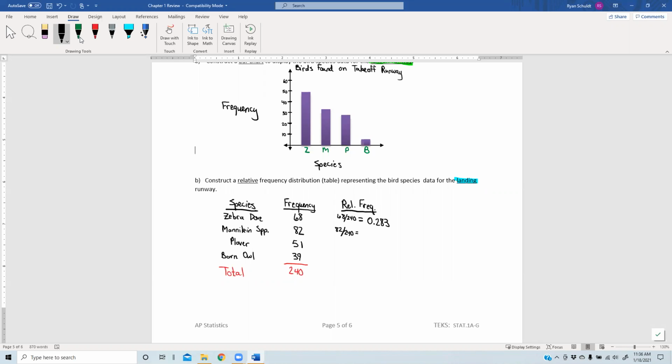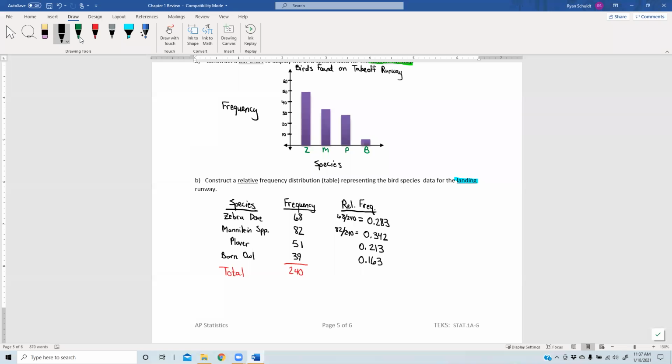That'd be 0.342. And then you just keep going. So 51 divided by 240, 0.213. And last but not least, 39 divided by 240 is 0.163.